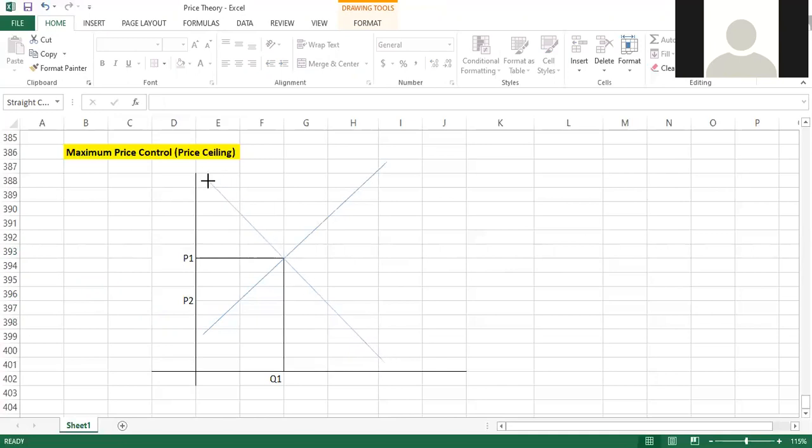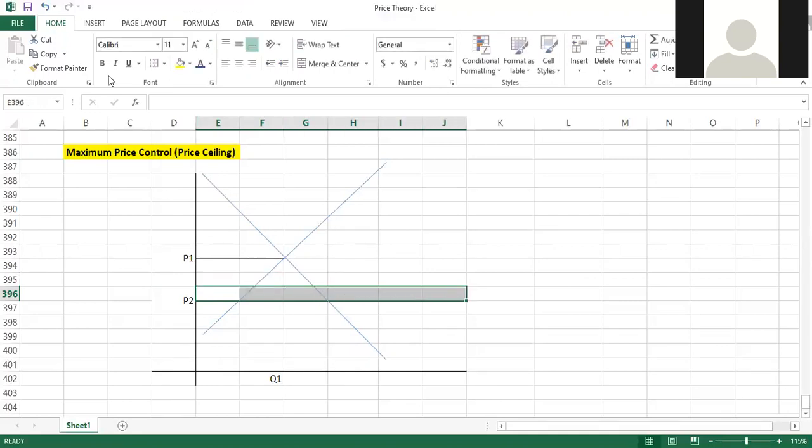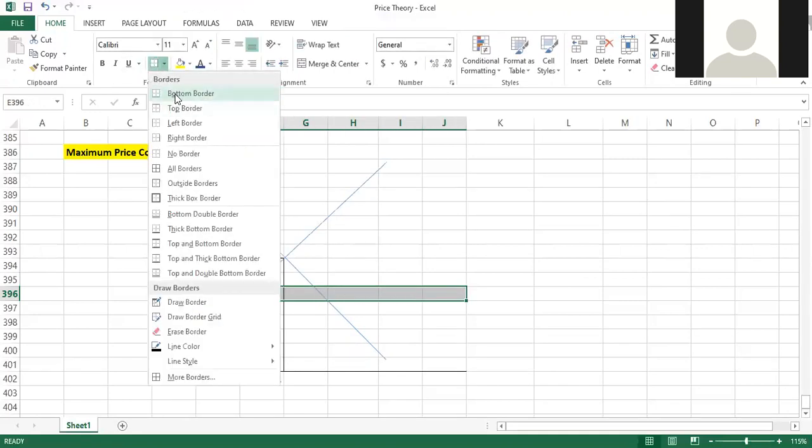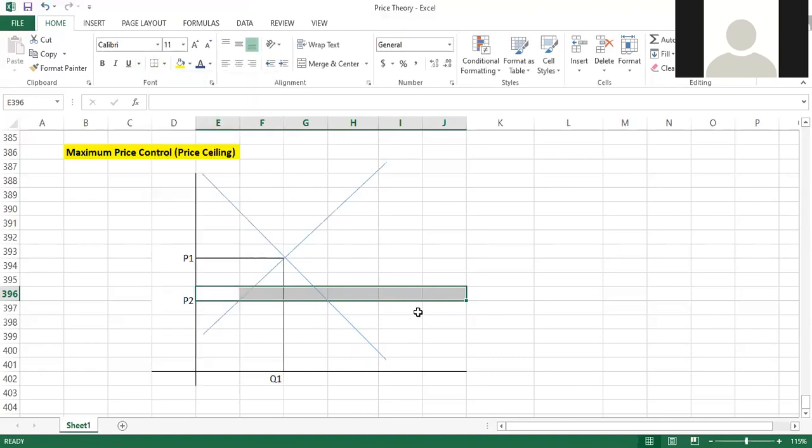What is the economic term for that? Immediately after the maximum price is imposed, there will be excess demand. So this is the price the government set as the maximum price.